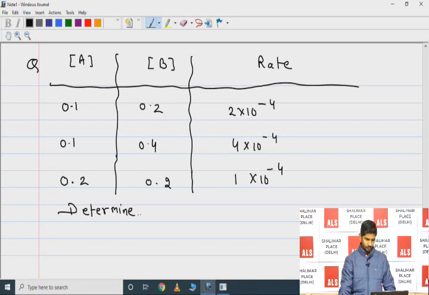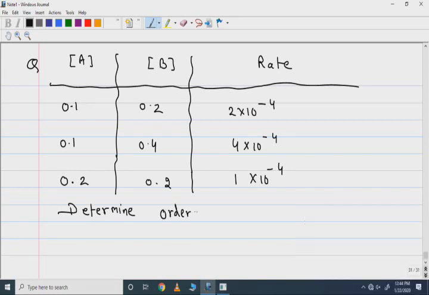Determine order with respect to A and B. I'm solving this question. Just look at your screen. Simply copy it and then understand.